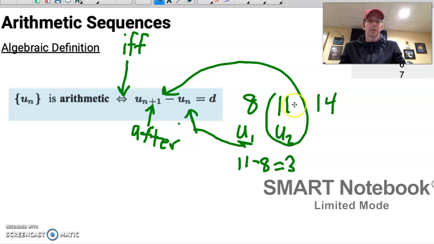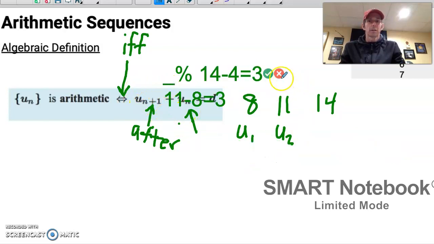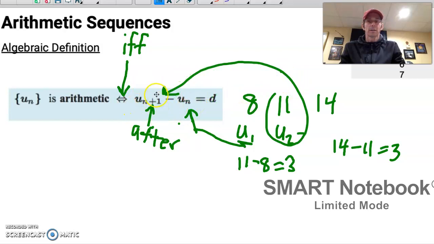And if I kept moving down this progression, I would then show that 14 minus 11 also equals 3. So each consecutive term has a difference of 3, but it is important that this one in the front is the one that comes second or later in your particular sequence.